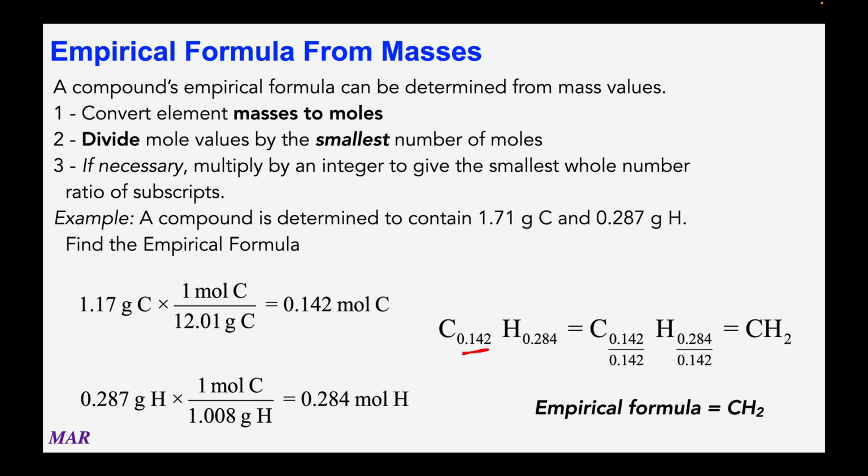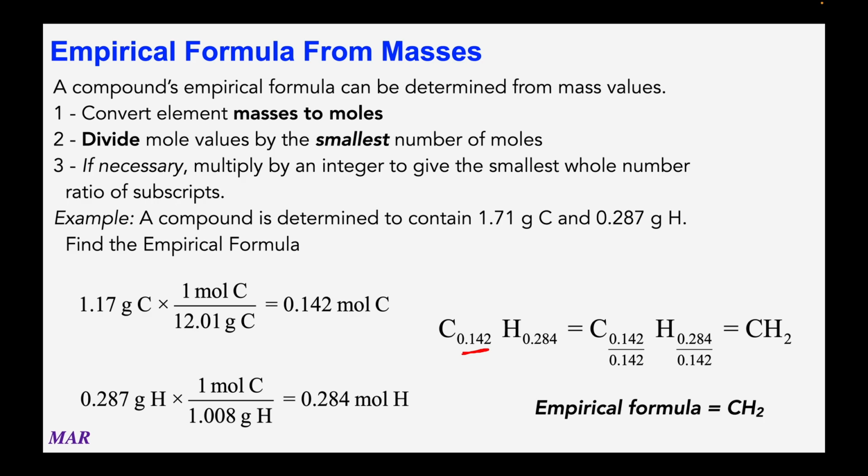So you'll divide both of those numbers by 0.142. 0.142 divided by 0.142 is, of course, 1, so that's nice. And 0.284 divided by 0.142 is a ratio of 2. So we have 1 carbon, 2 hydrogens. The empirical formula of this molecule, CH2, and that's kind of cool.